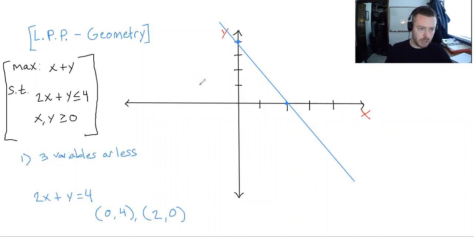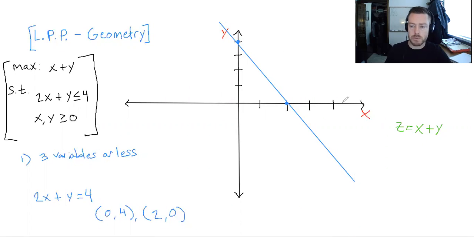Now we want to maximize our x and y, and if we remember, z happens to be equal to x plus y. So we want to maximize that function. We want to find where z is the largest number. One of our constraints tells us that x and y are both greater than or equal to 0, which means we have an additional constraint on which quadrant this is going to be in.